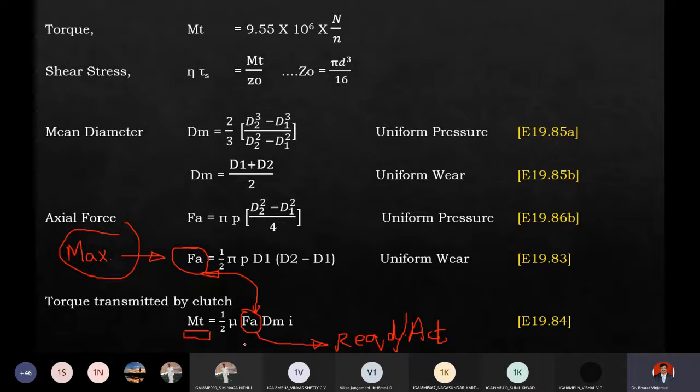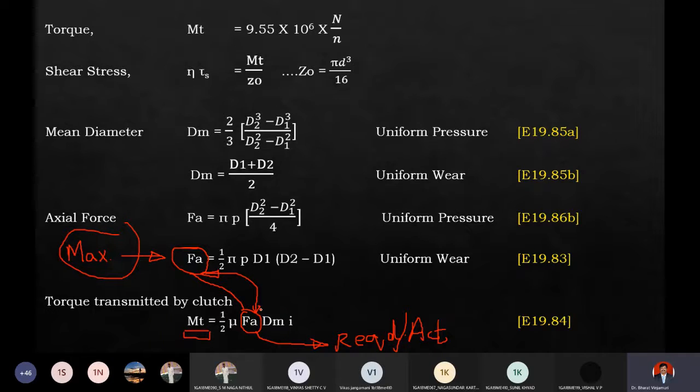Why am I saying this? I will use this concept in the multi-plate clutch, not in single plate clutches. At this point we assume both axial forces are the same. But sometimes when the numerical asks you to find the actual one, you have found the maximum one.